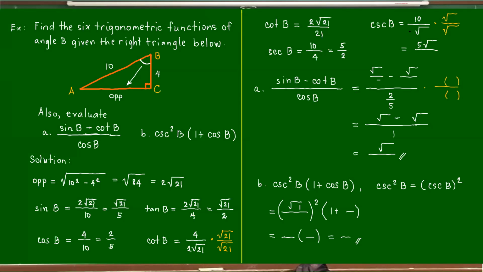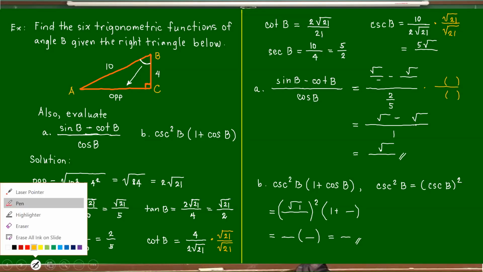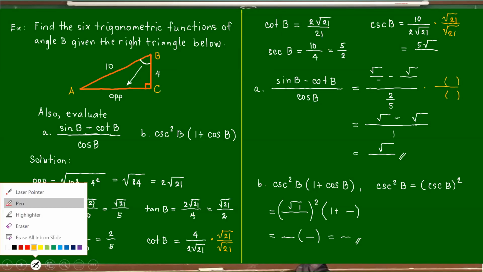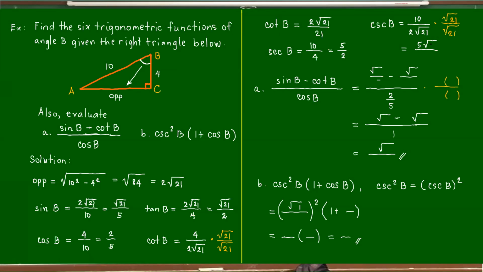The opposite is 2 square root of 21. So when simplified, we have to multiply by what? Square root of 21 over square root of 21, both the numerator and denominator. So giving what value? 5 square root of 21 over 21. Okay.